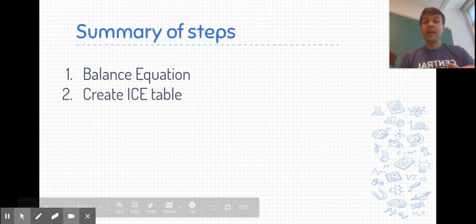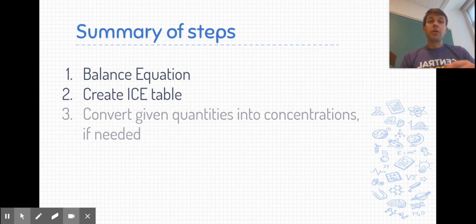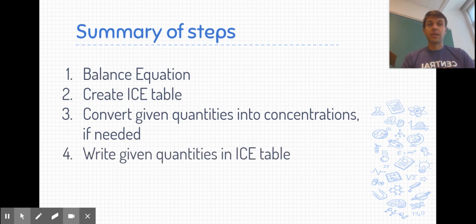Then we created an ICE table, but before we plugged the values in, we took those given quantities and converted them into concentrations. Okay, that's not always needed, but we did that. We always check.